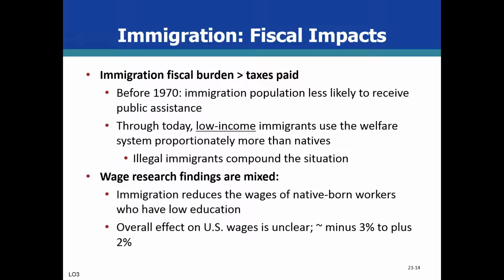The research that has been conducted on U.S. wages due to immigration has delivered mixed results. Immigration has reduced the wages of native-born workers who have low educations, especially those without high school diplomas.